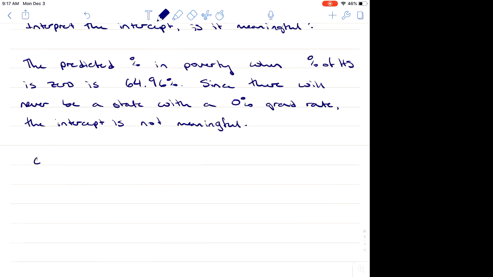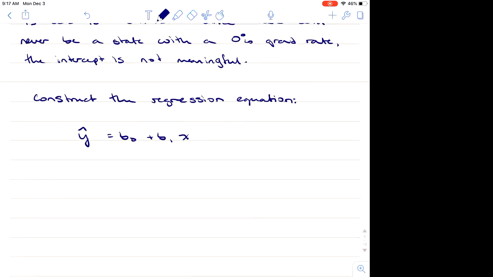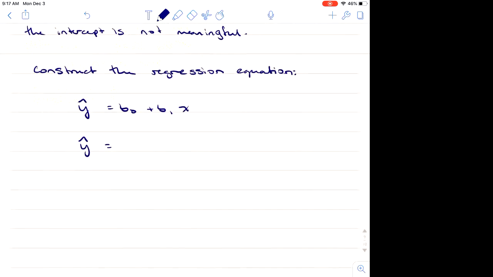Then I'm going to ask you to construct the regression equation. In general, right, you have y hat is b sub 0 plus b sub 1 x. So in our case, we have y hat is 64.96.